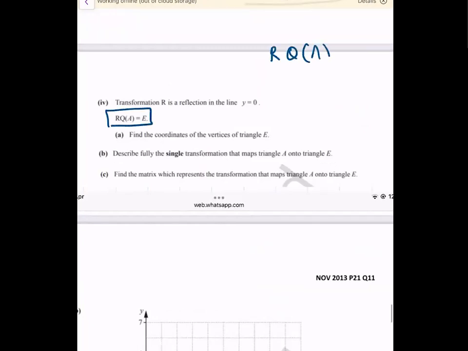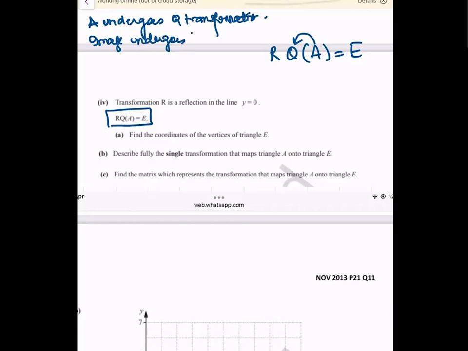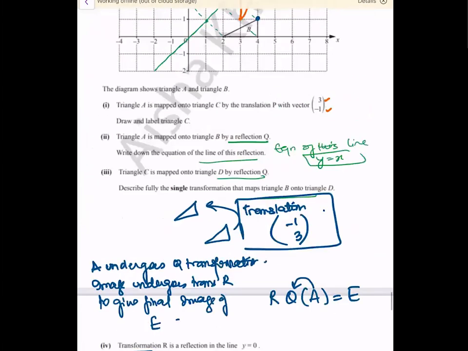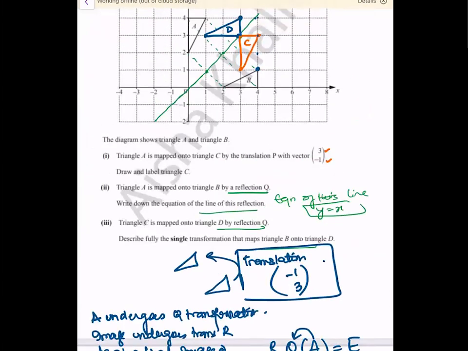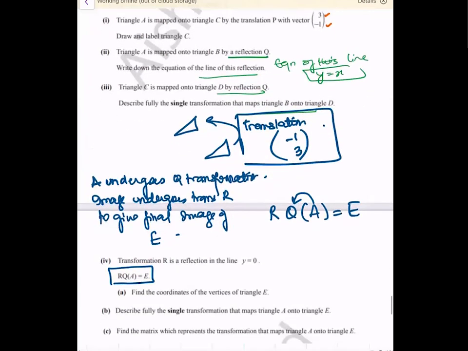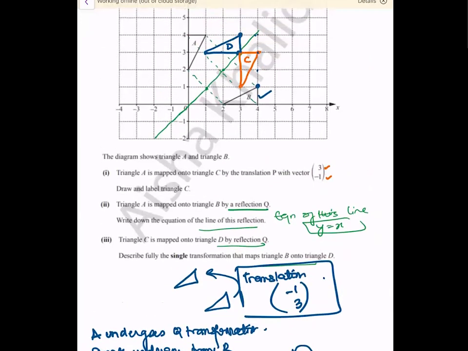R, Q, A is equals to E. So A undergoes Q transformation, and the image undergoes transformation R to give the final image of E. Okay, so A has to undergo Q. When A undergoes Q, we get B. Now B needs to undergo the transformation R, which is reflection in y equals 0. Y equals 0 is this line.